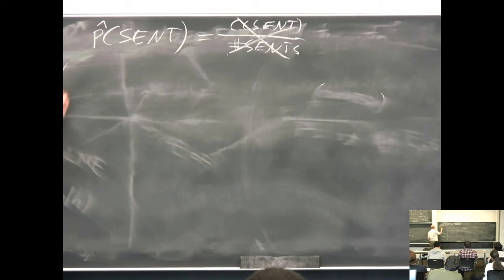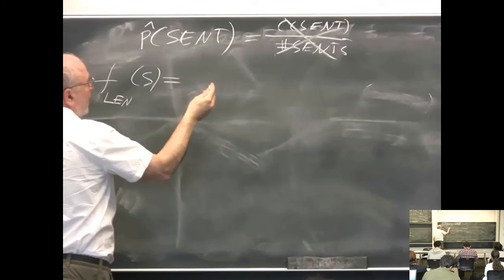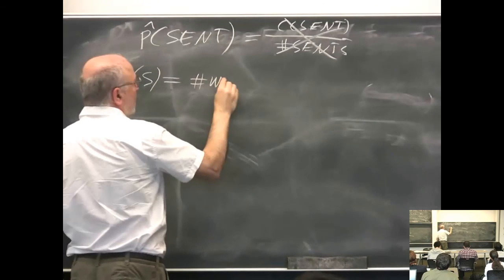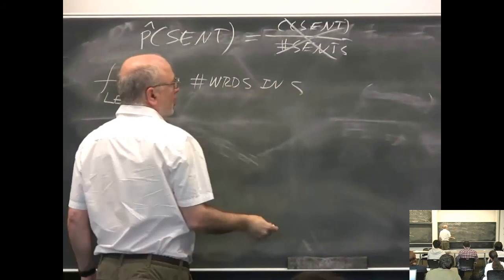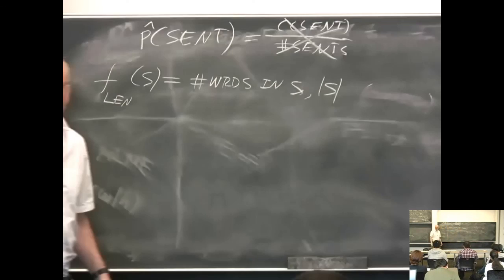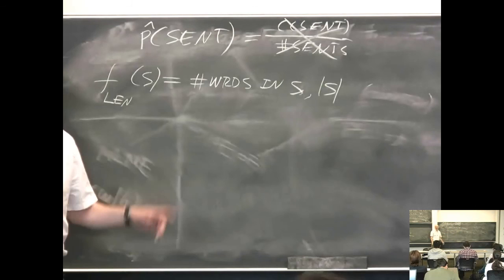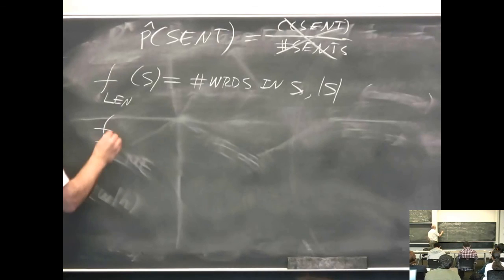So one feature, call it feature f length of the sentence, would be number of words in the sentence. Or you can call it basically size of s, size of the sentence. Remember, features do not have to be binary. Another feature might be number of verbs. Just count the verbs.